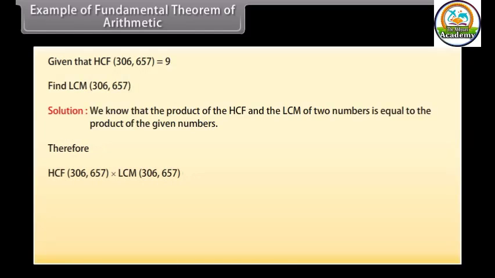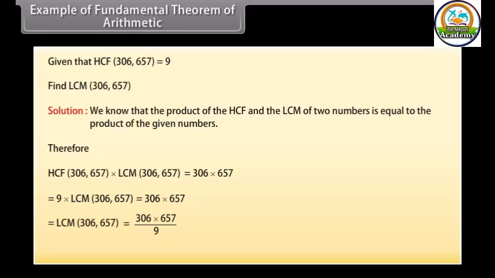Therefore, HCF(306, 657) × LCM(306, 657) is equal to 306 × 657, so 9 × LCM(306, 657) equals 306 × 657, which means LCM(306, 657) equals 306 × 657 upon 9. LCM is equal to 22,338.